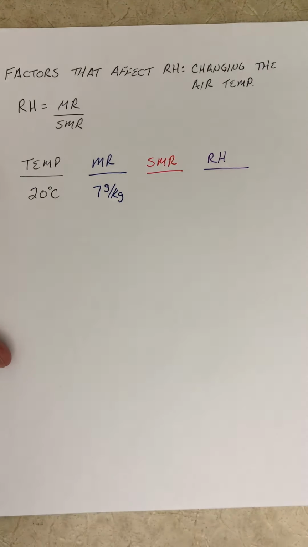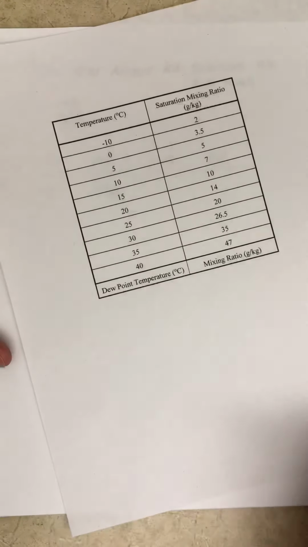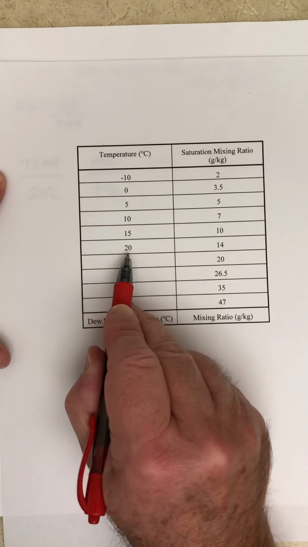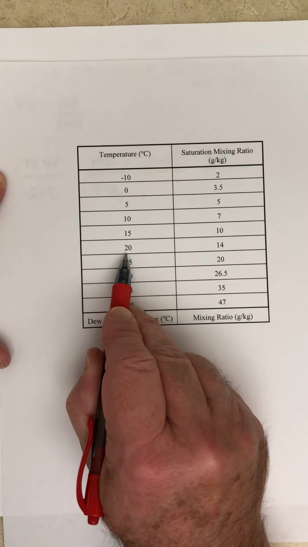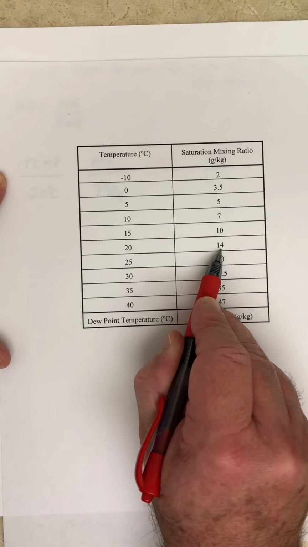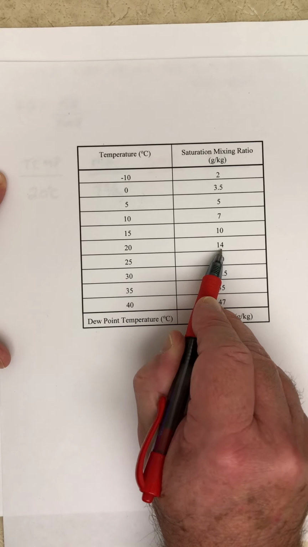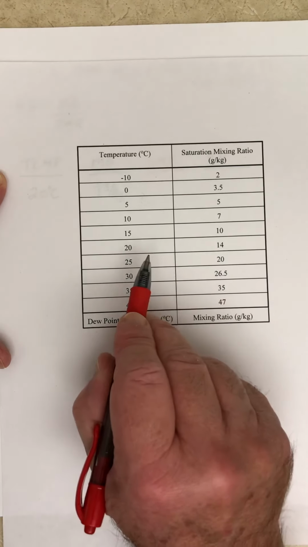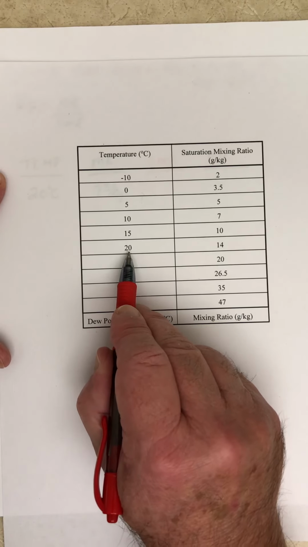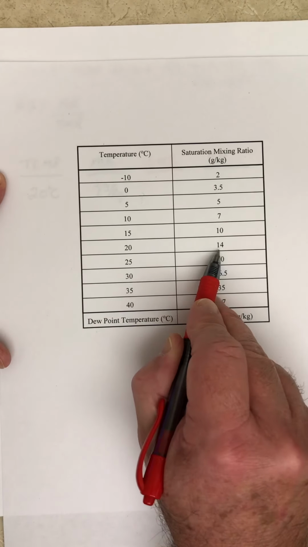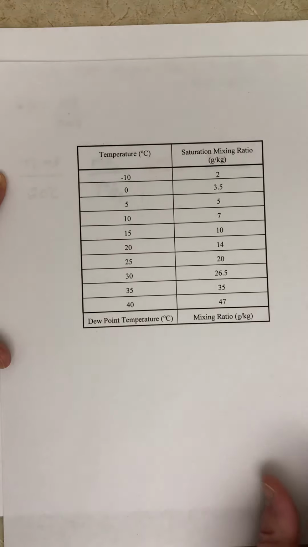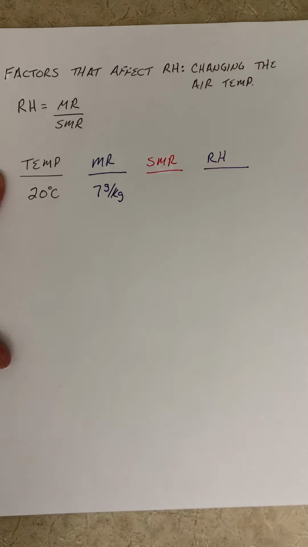With a temperature of 20 degrees C, if we take a look at the saturation mixing ratio table, our saturation mixing ratio is 14 grams per kilogram. In other words, at 20 degrees C, the air can hold a maximum of 14 grams of water vapor per kilogram of air.